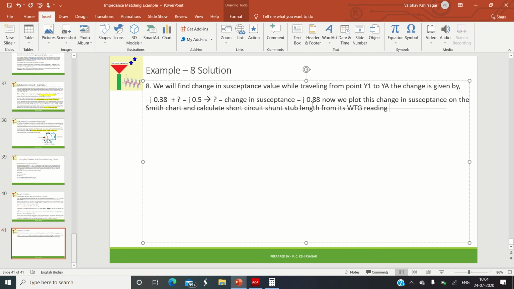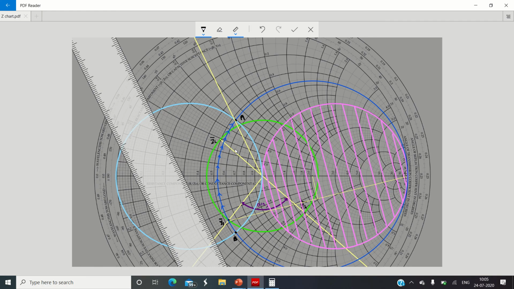The change in susceptance is j 0.88. Please remember that we are following the sign convention as per the Z chart, and this is a positive value, so it is located in the upper half of the Smith chart, and the value of the imaginary part is 0.88. So first let us plot this point in the Smith chart, plus j 0.88.